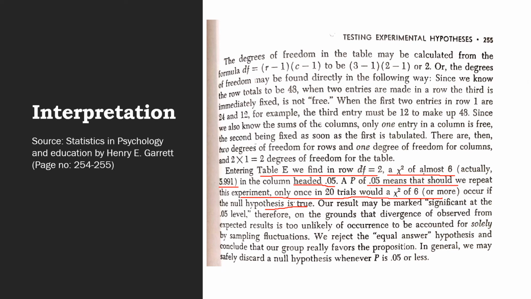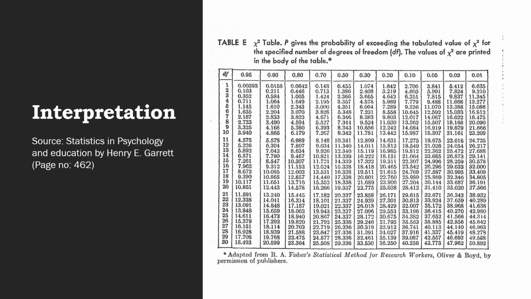So this is the p-value and the difference of chi-square. For these things you can refer to Garrett's book, page number 255. If we see this Garrett book, we find this type of table. Our degree of freedom is 2, and the level of significance is 0.05.